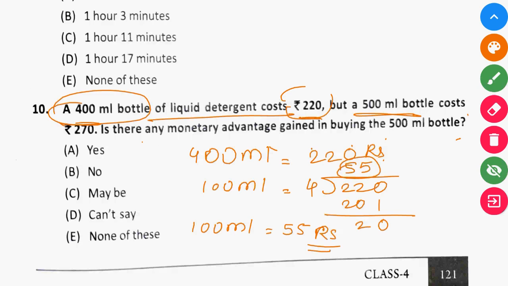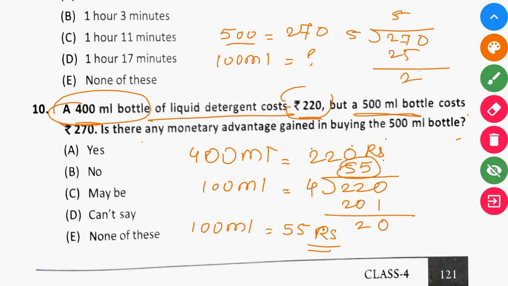Okay. Now for 500 ml how much is he going to pay? 270 rupees. For this bottle, for 100 ml how much do we have to pay? So 270 divided by 5. 5 5s are 25. 2 will be the remainder. 0 will come down and 5 4s are 20.